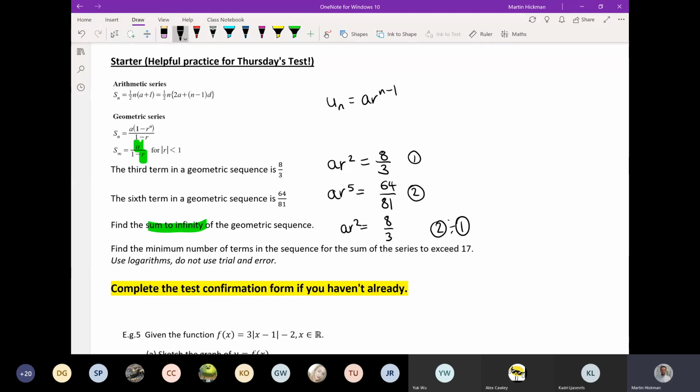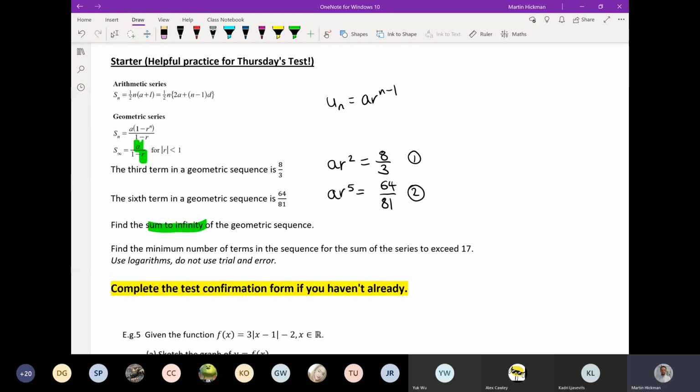So I'm going to find a and r first by setting up these two simultaneous equations. Sorry, I was looking at the wrong bit there, so completely ignore that step.